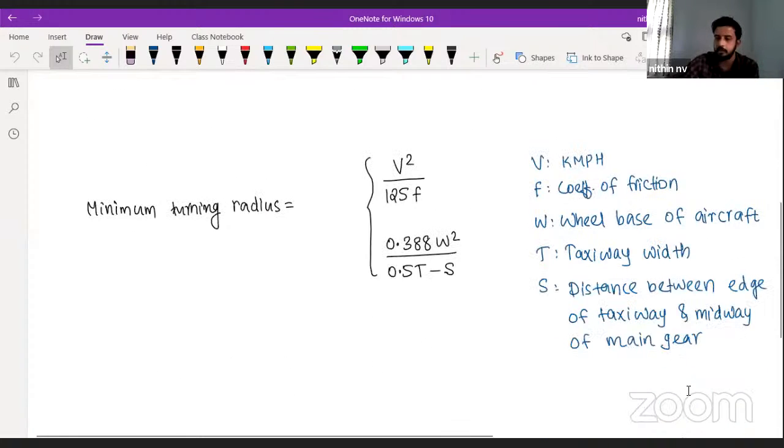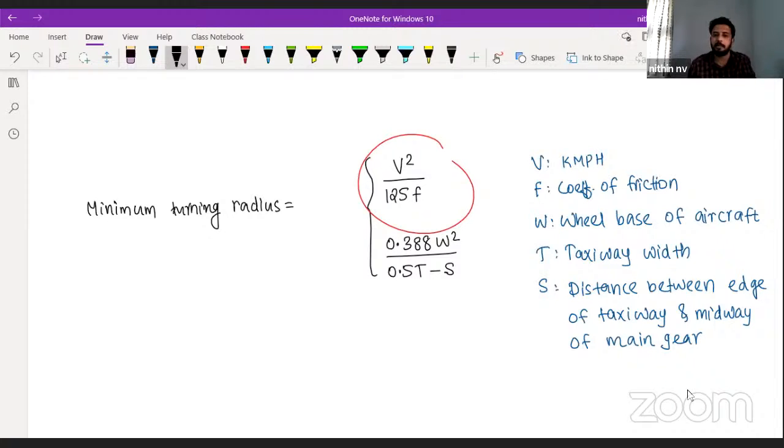You can take down the data and solve this question. Only thing is, whenever they are giving only one particular data, suppose only speed and friction, and they are not giving the W value, the T value, or the S value, then we will calculate based on only one equation and that will be our answer.